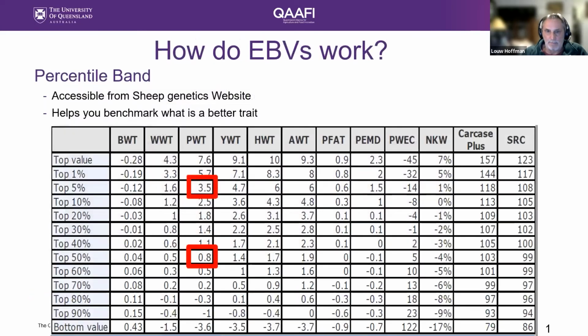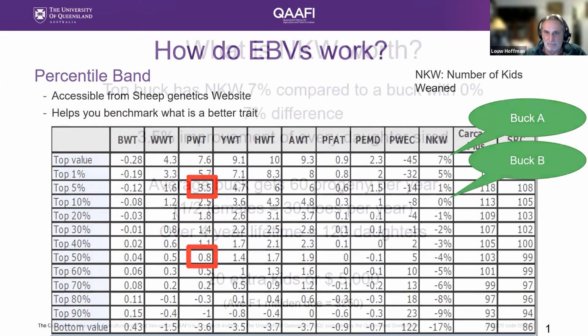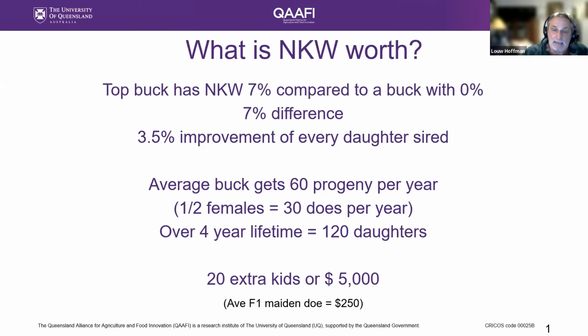Let's take another one: number of kids weaned. Buck A is the top value, 7% higher in estimated breeding value compared to buck B, which is the average. So the top buck has a number of kids weaned 7% compared to buck B at 0. So again, 3.5% for every daughter sired. The average buck gets 60 progeny per year, of which half are females, that's 30 does per year.